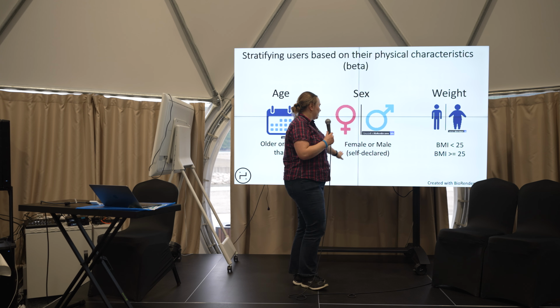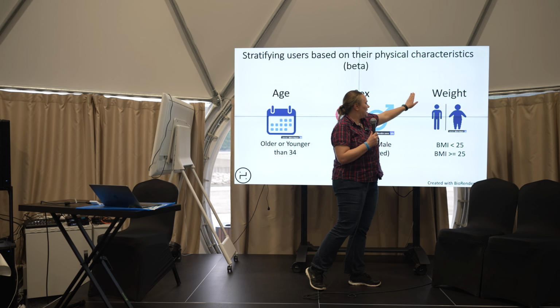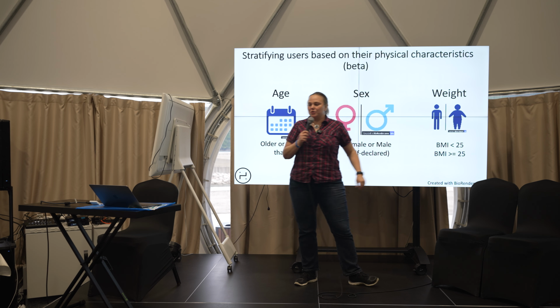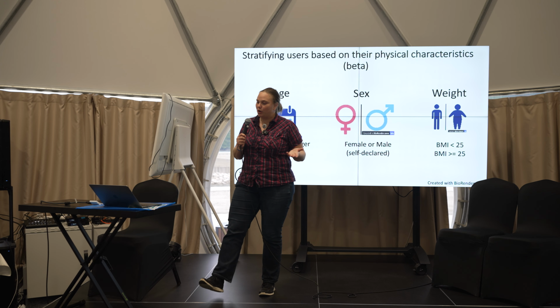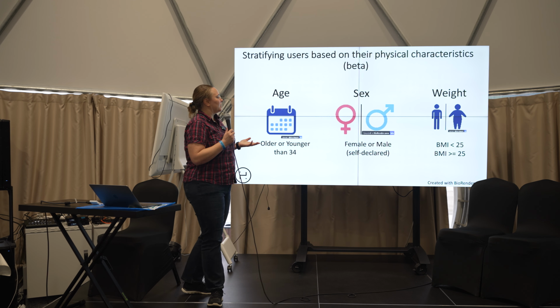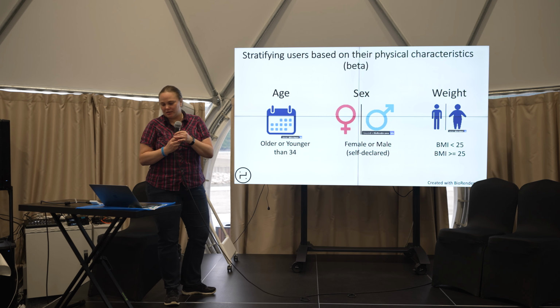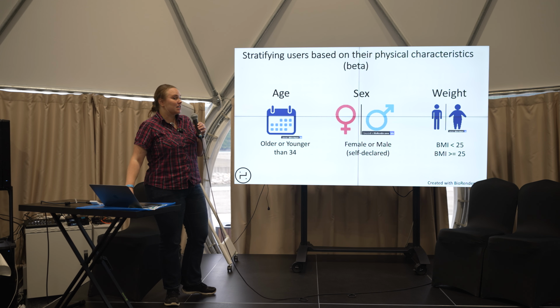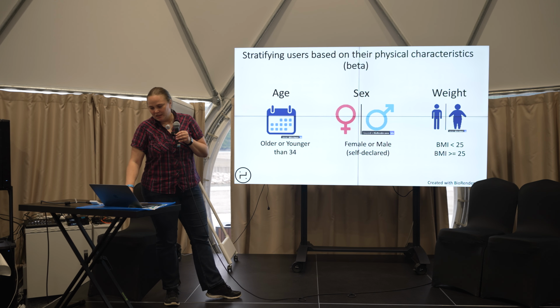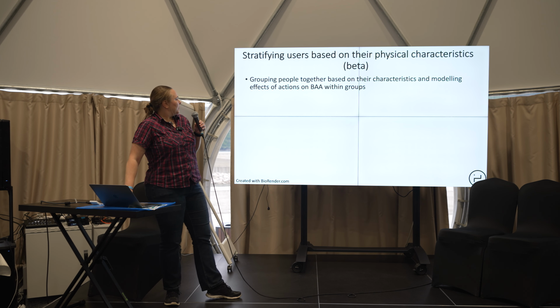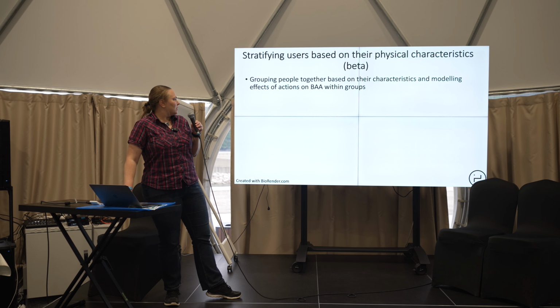Are you female or male, self-declared? And your weight through BMI: is your BMI lower than 25 or higher than 25, which is classified by the World Health Organization as overweight? So we group people in our data together based on their characteristics.